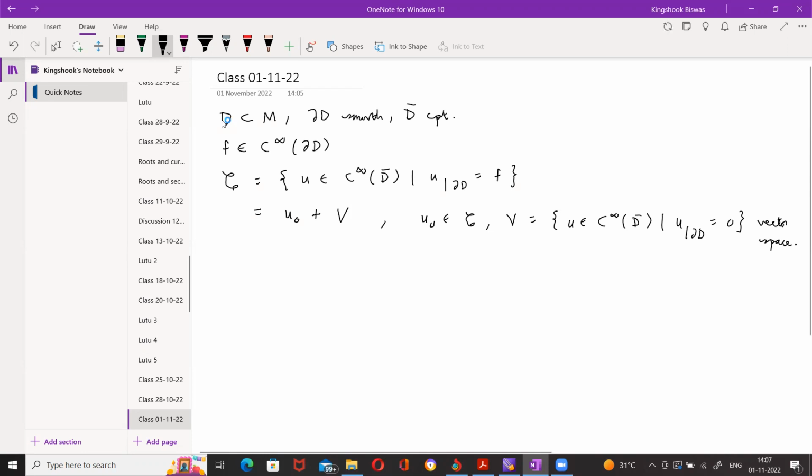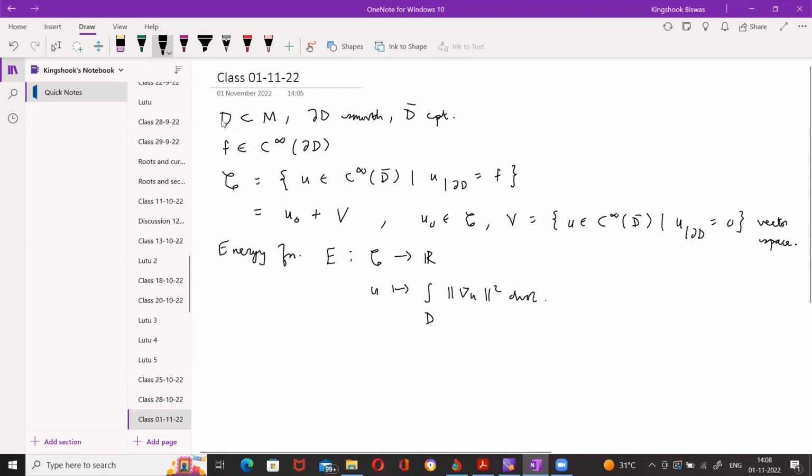Now on this affine space, I have an energy function. E maps u to the integral over D of half the norm of grad u squared.